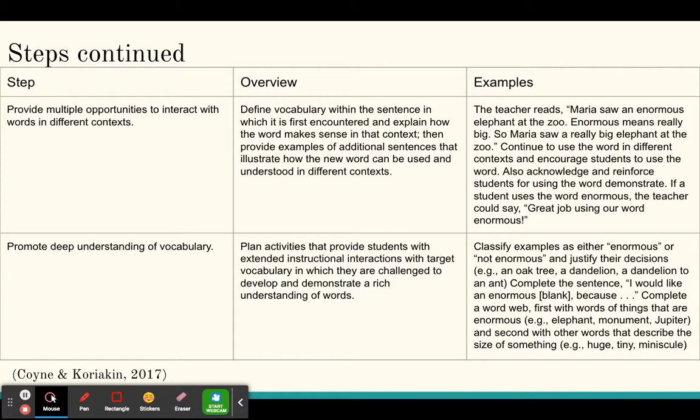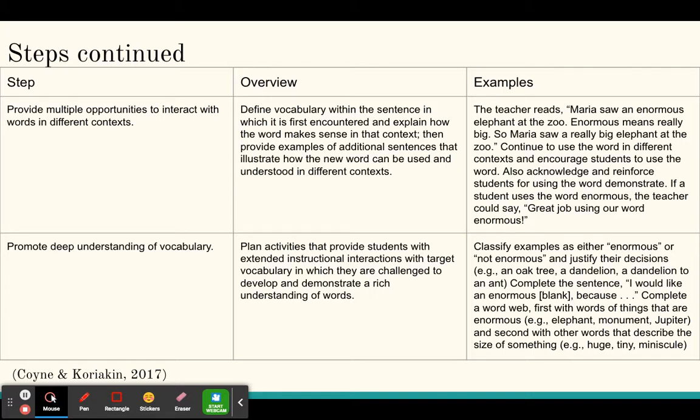And then you want to promote deep understanding of the vocabulary. So you want to use activities that allow students to continue to interact with that word in a way that they're challenged, and they need to demonstrate that they really do understand the word. So that can be using that word enormous and then saying, okay, what if these things are enormous, right?